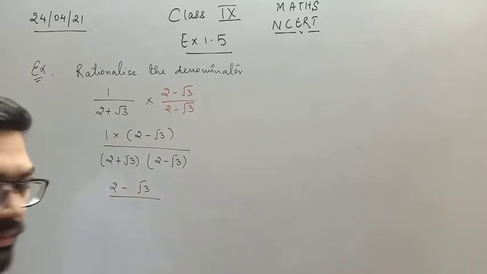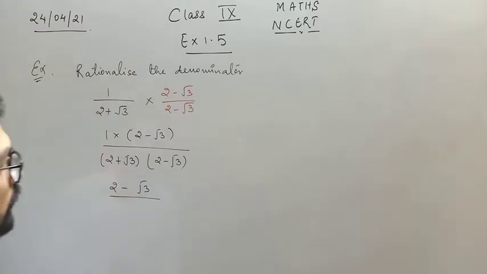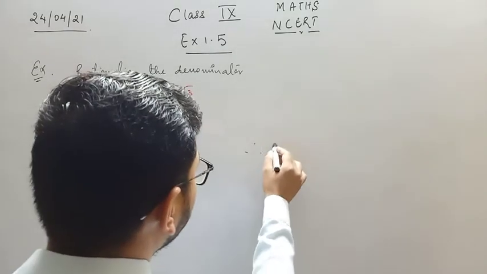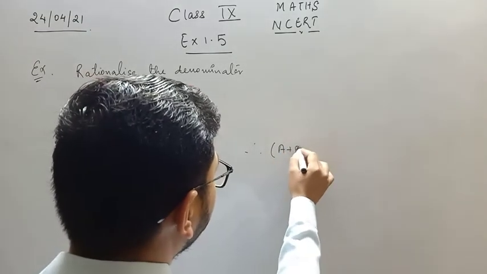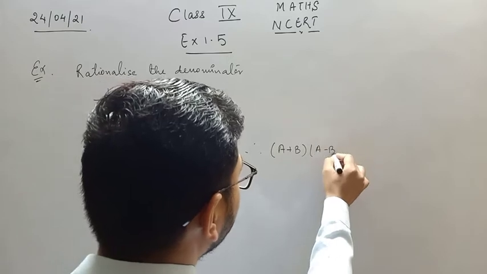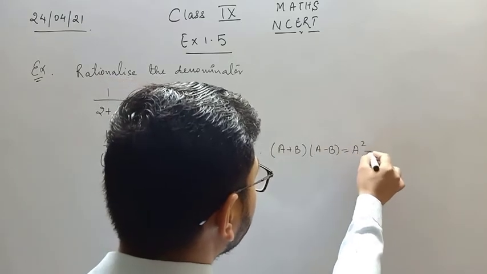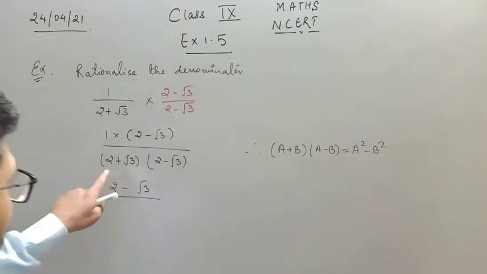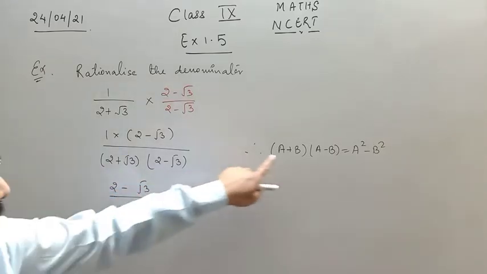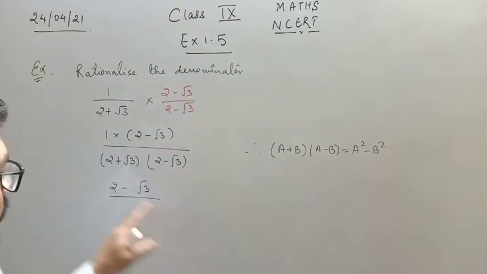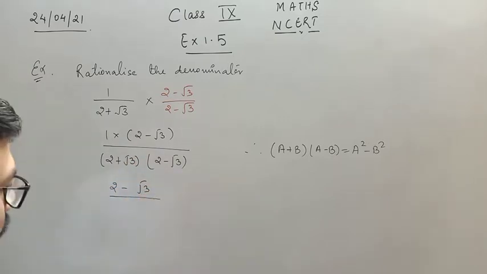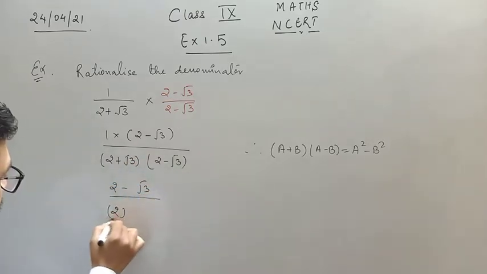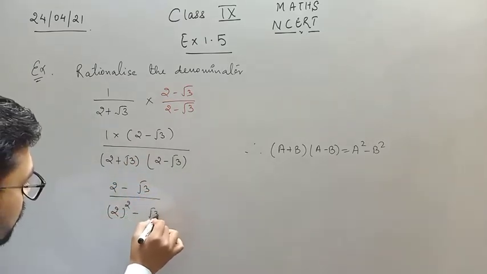Any doubt? I have explained this earlier, that a plus b and a minus b can be written as a square minus b square, an algebraic identity, right? So a plus b, a minus b can be written as a square minus b square, beta. A square minus b square.